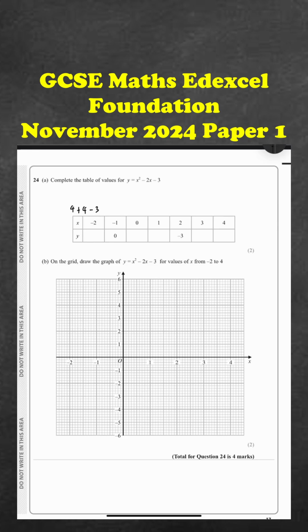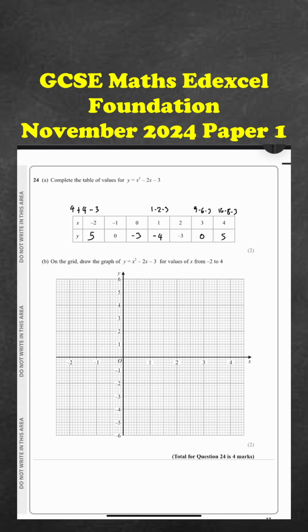And then minus 3 gives a total of 5. 0 squared is 0, minus 2 lots of 0, minus 3 is minus 3. 1 squared is 1, minus 2, minus 3 is going to give you minus 4. 3 squared is 9, minus 2 lots of 3 is minus 6, minus 3 is going to give you 0. And 4 squared is 16, minus 2 lots of 4 is minus 8, minus 3 gives you 5.